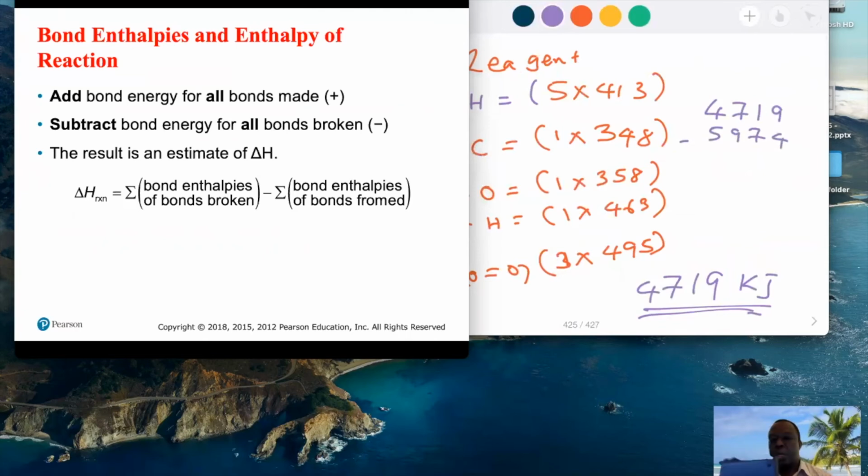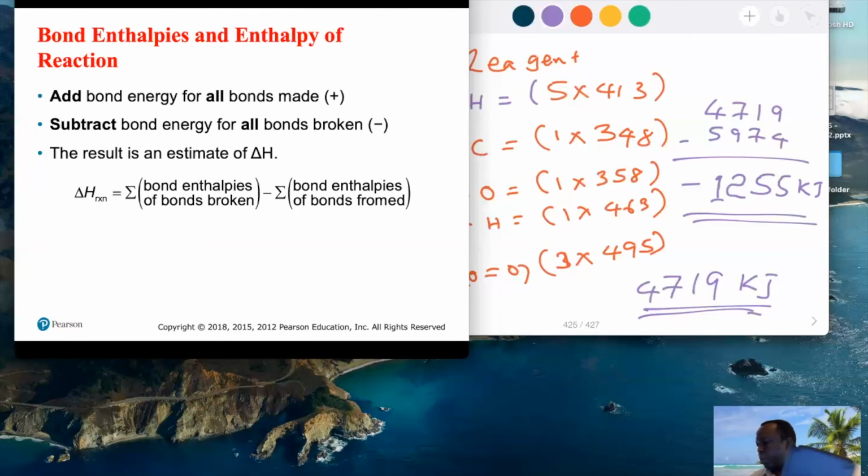All right, what we get is negative 1255 kilojoules. Negative 1255 kilojoules is the enthalpy for the reaction.